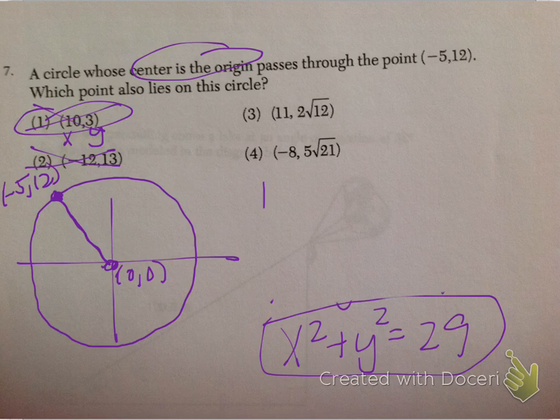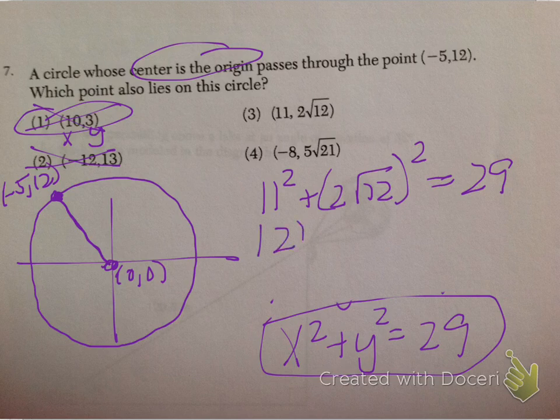Okay, number 3. 11 squared plus 2 radical 12, all squared, does that equal 29? So we get 121 plus 4, because 2 squared is 4, and radical 12 squared is just 12. Does that equal 29? No.